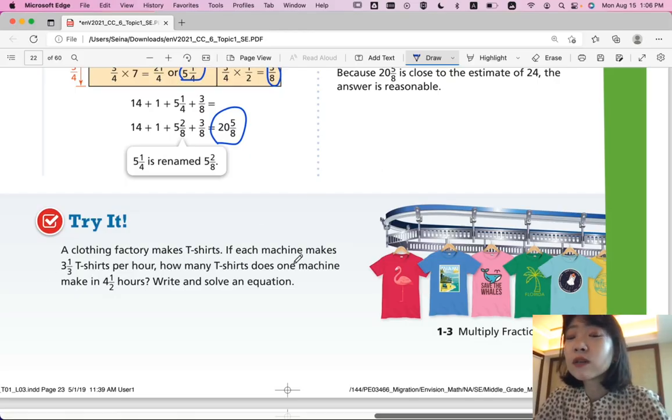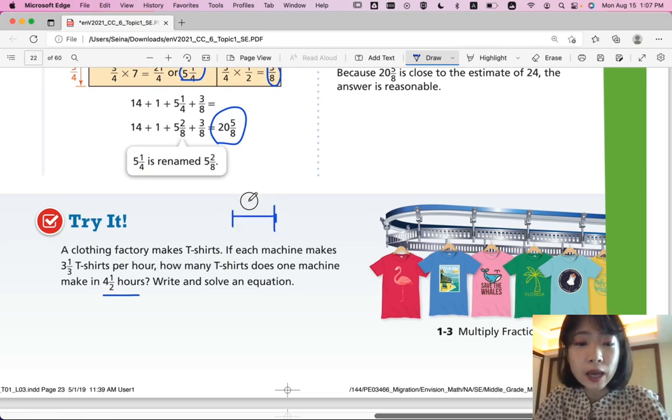Okay, so are you multiplying, dividing, adding, or subtracting? If the machine makes 3 1/3 per hour, and we want to know how many it makes for 4.5 hours, you multiply them, right? 1 hour, it makes 3 1/3.